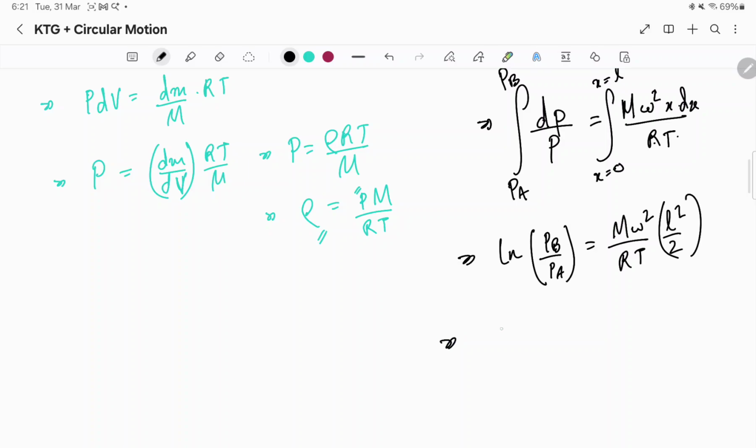From here I can say that PB is equal to PA into e to the power M omega square L square divided by 2RT.